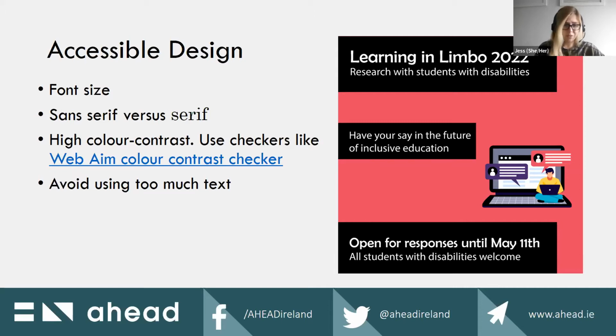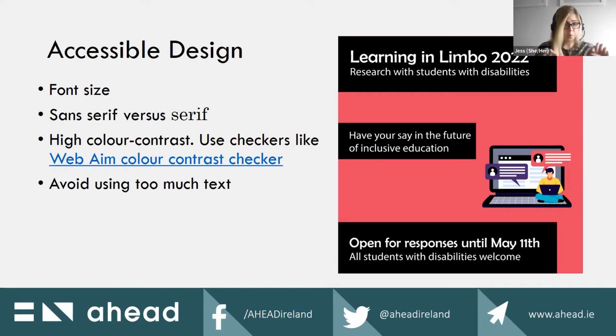But if you're not sure what I mean by this, or if you're not a designer, or what can often come up is where you have brand guidelines and you have to use your particular brand colors or your institution's colors. Sometimes that can come into a bit of a clash with this color contrast because you have to use certain colors. I would say if you are in that position, you can get around it by doing something similar to the image that I have here.